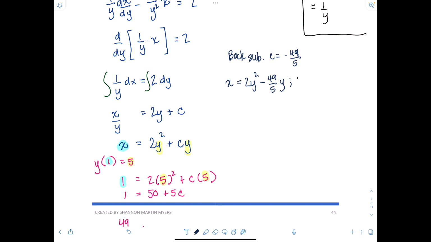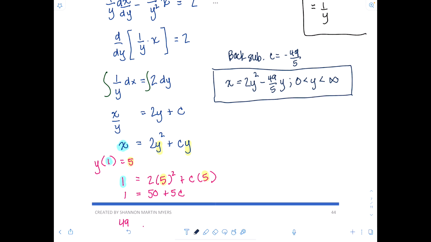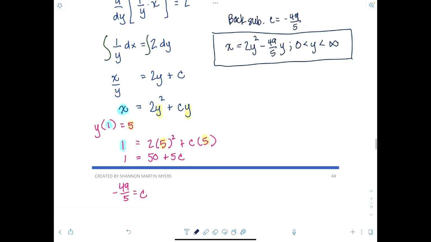Oh, we don't need to worry about a transient term here because we found c, but we do know that y is between 0 and infinity. Groovy? All right, perfect.